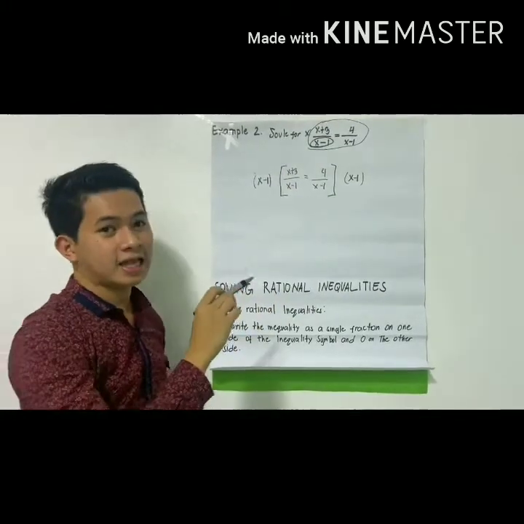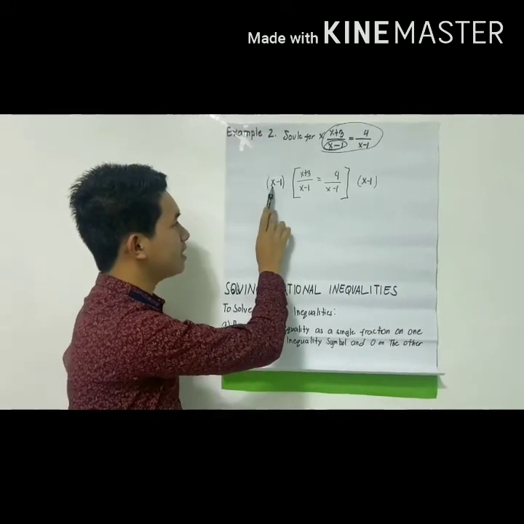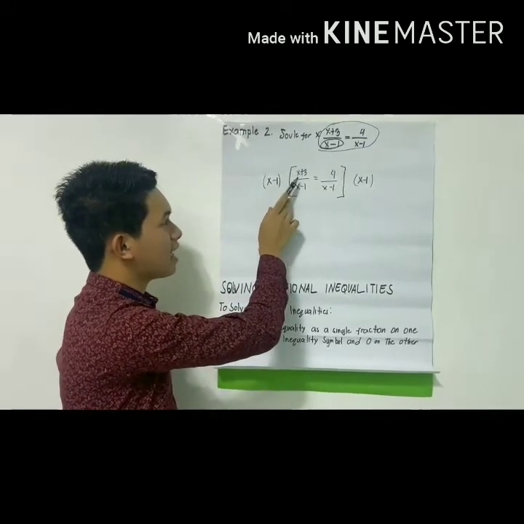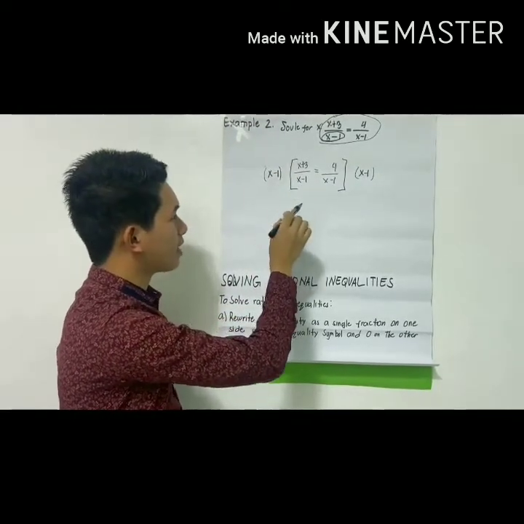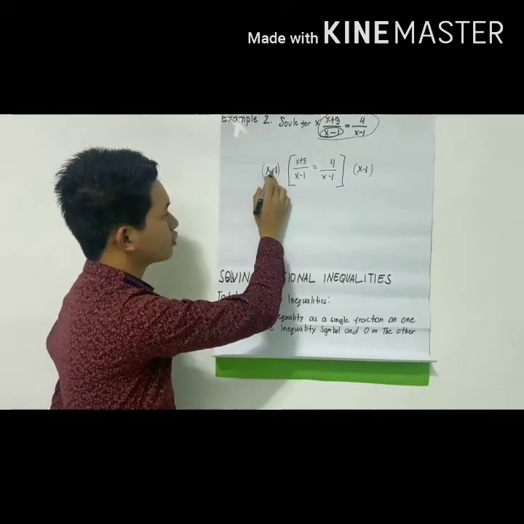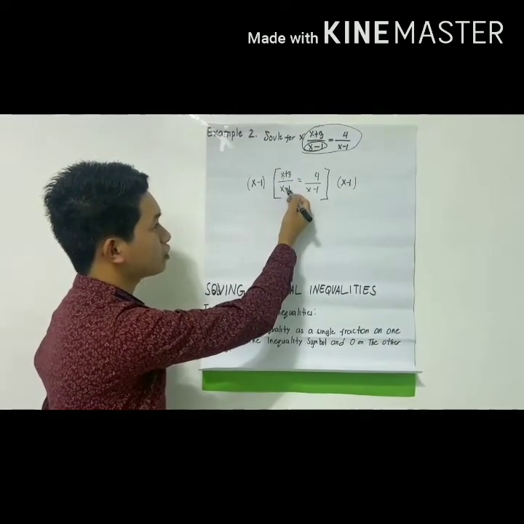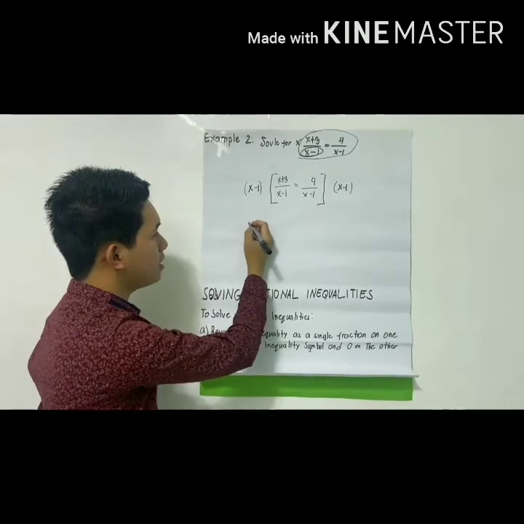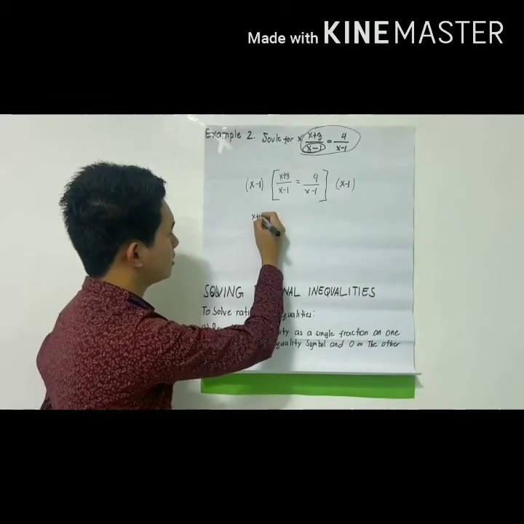Then isa-isahin natin yung LCD i-multiply natin sa loob ng bracket. So x minus 1 times x plus 3 divided by x minus 1, that will be x plus 3.